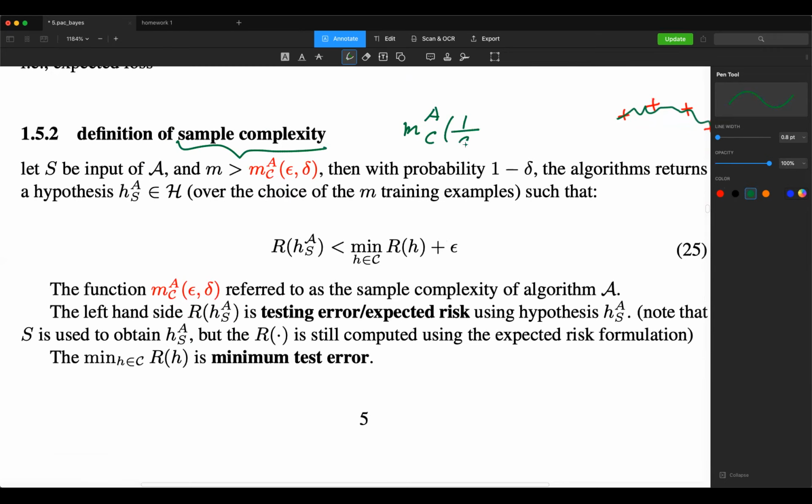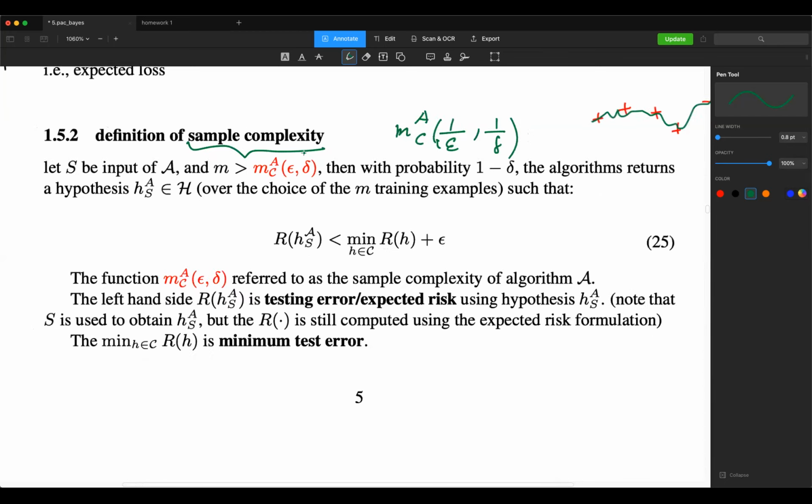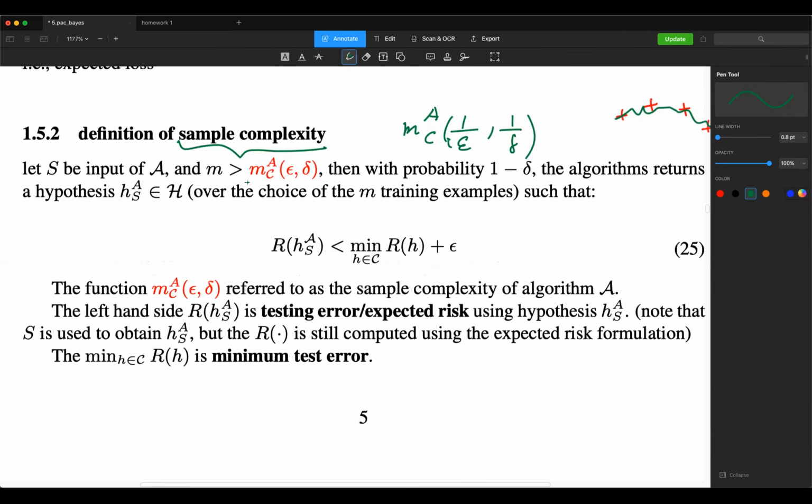Some papers like to write them out in this way, or some papers just write them out as epsilon and delta, but other papers write 1 over epsilon and 1 over delta. But they're exactly the same thing. All right, so what you want to say is, what's the lowest number M of training data I need in order to generate this type of epsilon and this type of delta, okay?